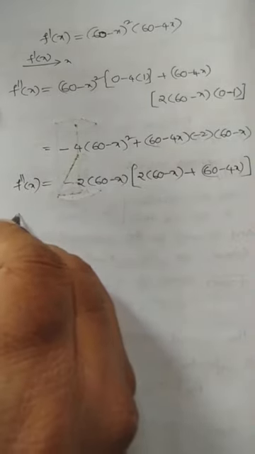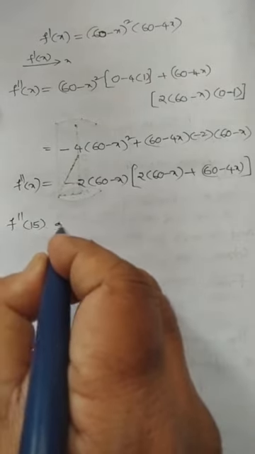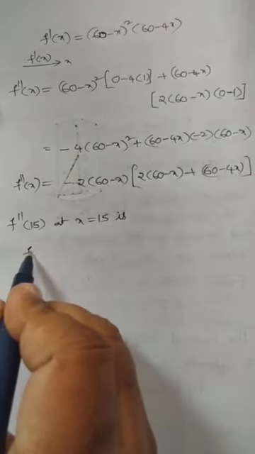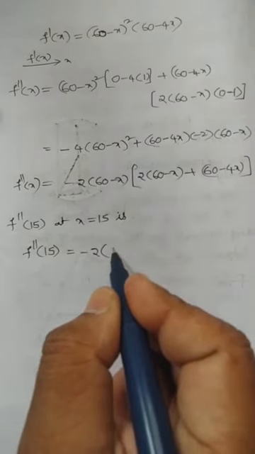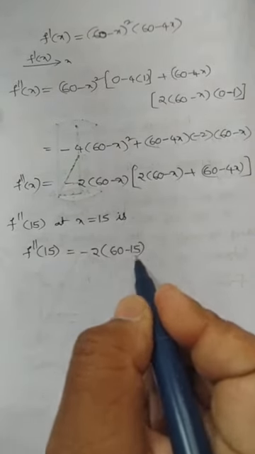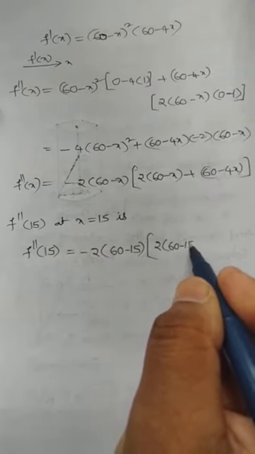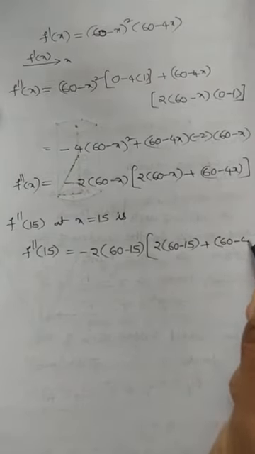So let us check it for x equal to 15 first. So f double dash of 15 is equal to minus 2 into (60 minus 15) into (2 into (60 minus 15) plus 60 minus 4 into 15).